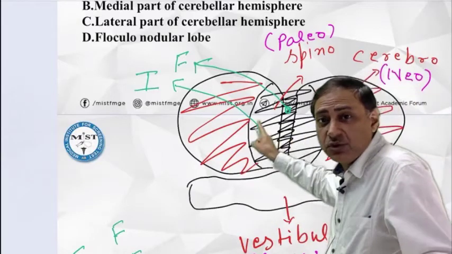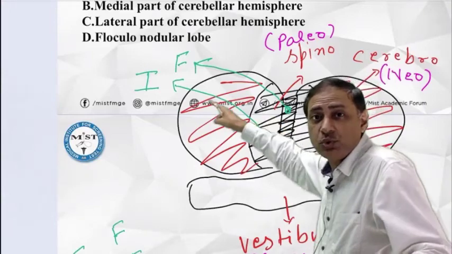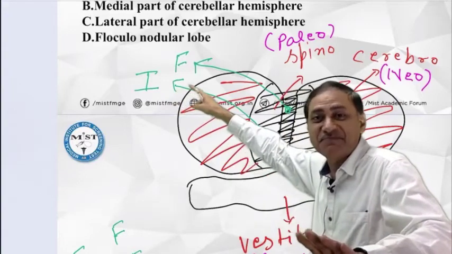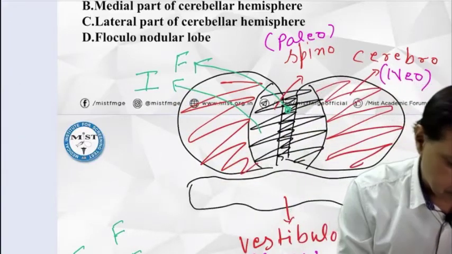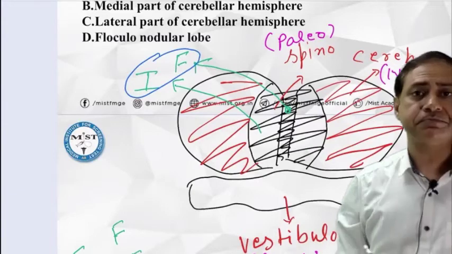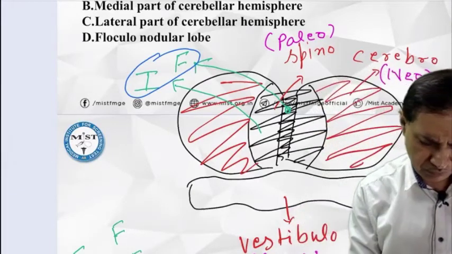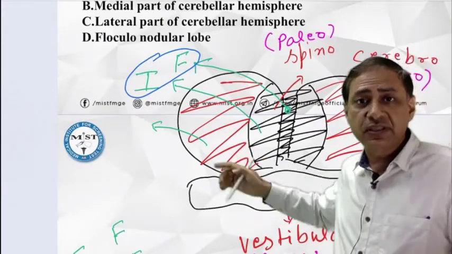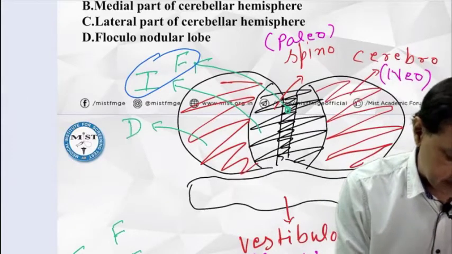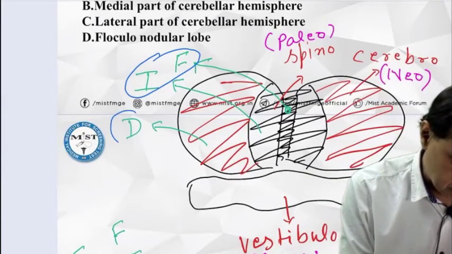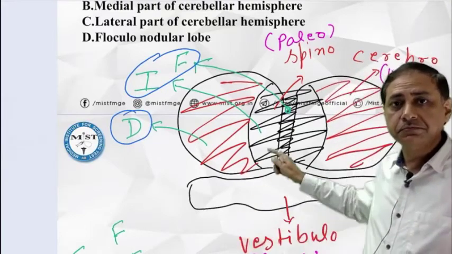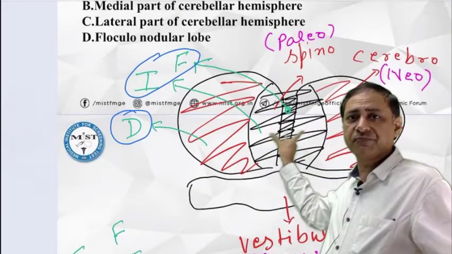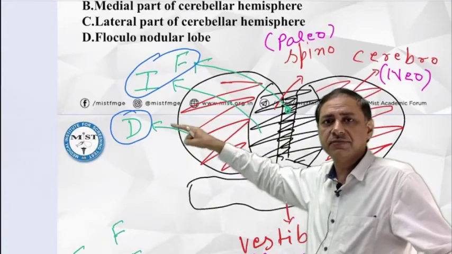So for the spinocerebellum, we have two deep nuclei physiologically, three anatomically. For the cerebrocerebellum, we have the deep nucleus known as dentate. So the vermis is fastigial, this is interpositus, and for this we have dentate.